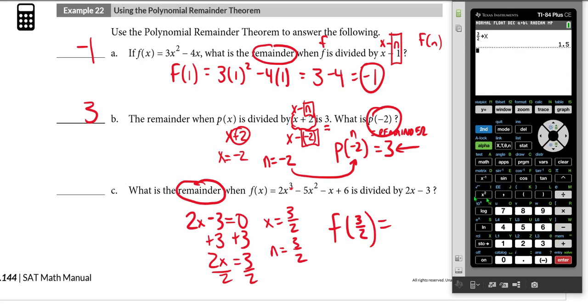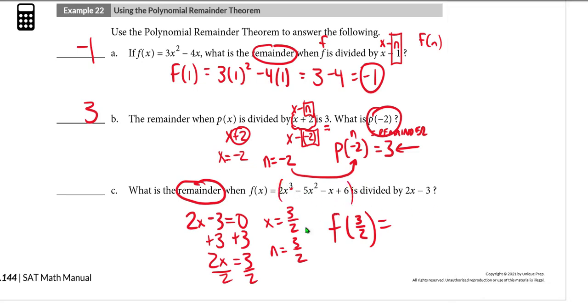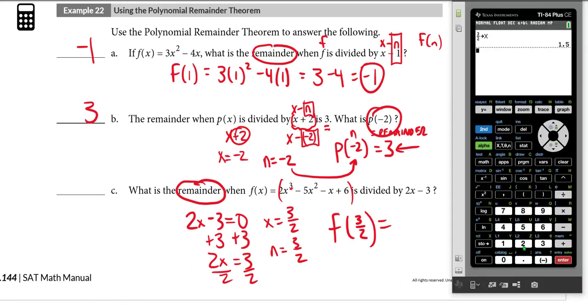And now I am going to simply type all of this into my calculator. Now I am going to do 2x cubed, subtract 5x squared, and then minus x and then plus 6 and then enter.